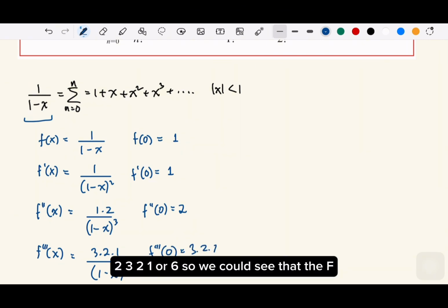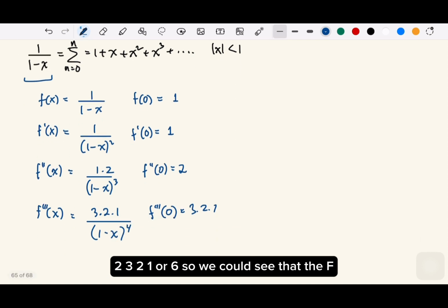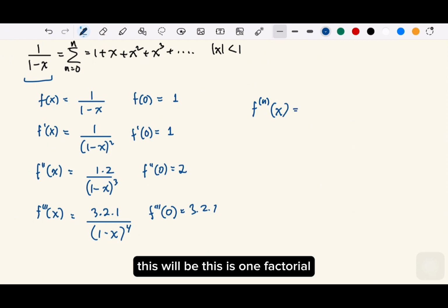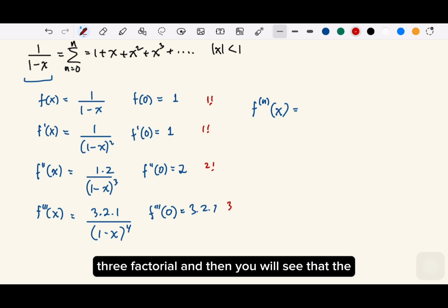So we could see that the derivatives are 1 factorial, 1 factorial, 2 factorial, 3 factorial, and then you will see that the next derivatives will be 4 factorial, 5 factorial, and so on.